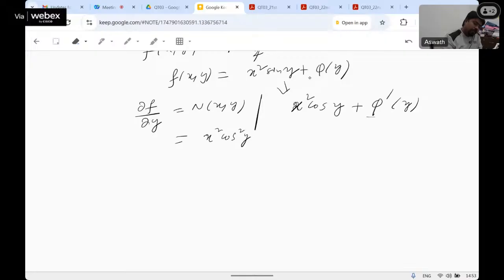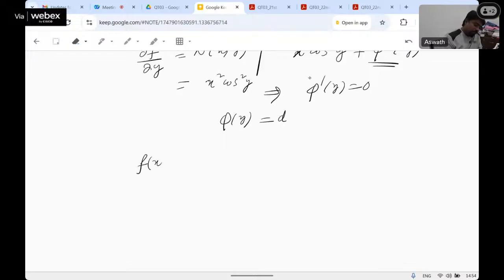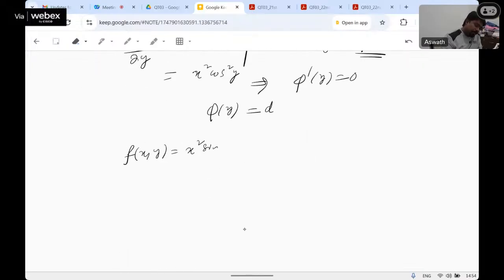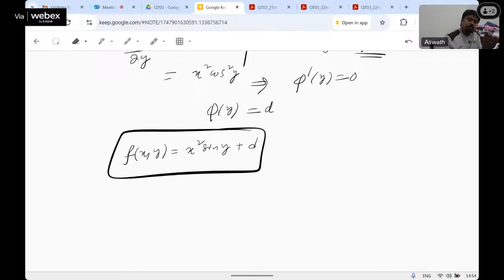But I don't have any extra term. What it means? Extra term is 0. So extra term is 0 means it is some constant d. Okay, so f of x comma y is equal to x square sin y plus some constant d.